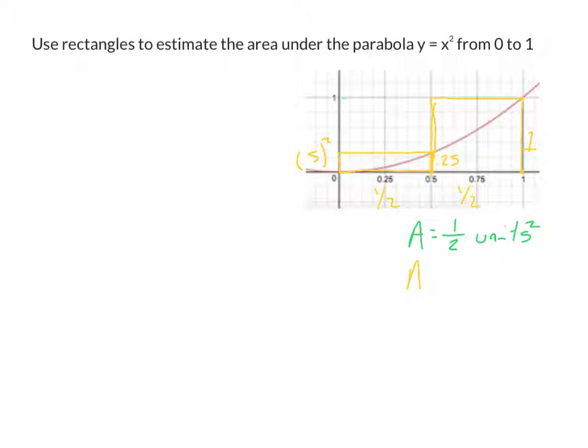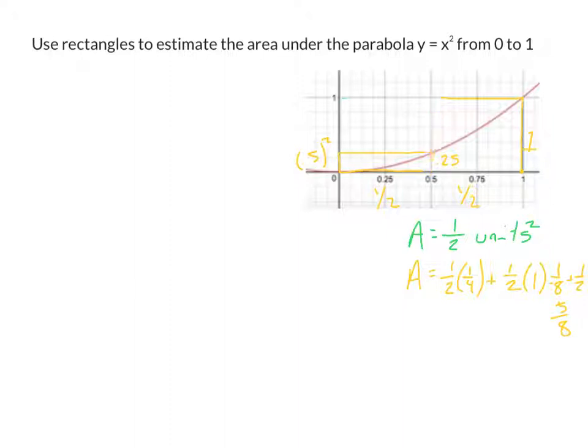So the area there is 1/2 times 0.25, which is 1/4, plus 1/2 times 1. Well, 1/2 of a 4th is 1/8, plus another 1/2, and that gets us a guess of 5/8, which we know is definitely too big. So let's try to do even better.